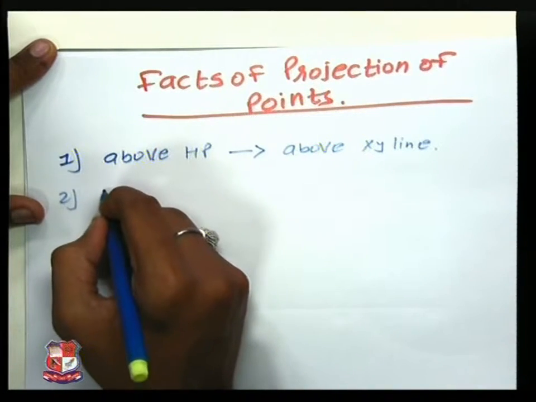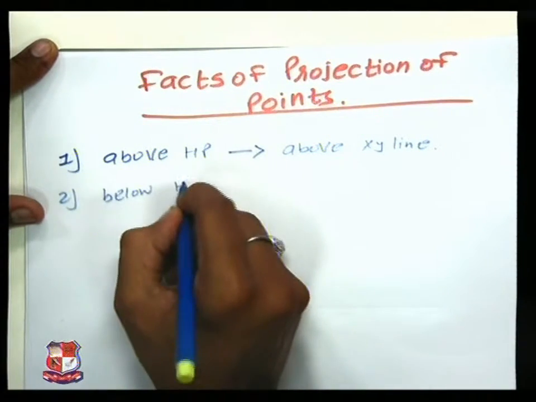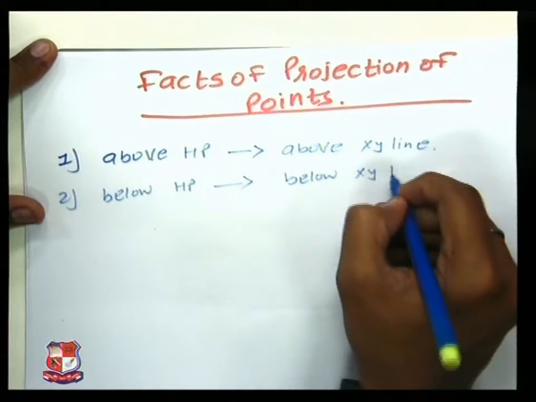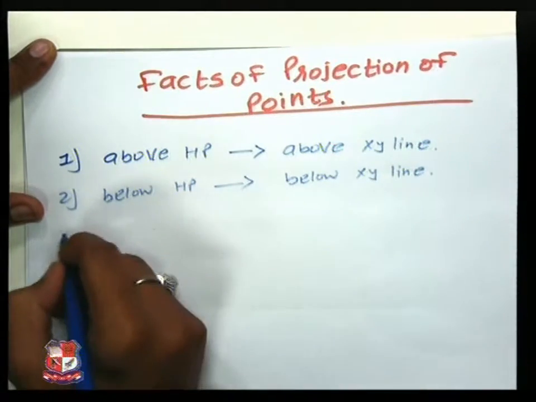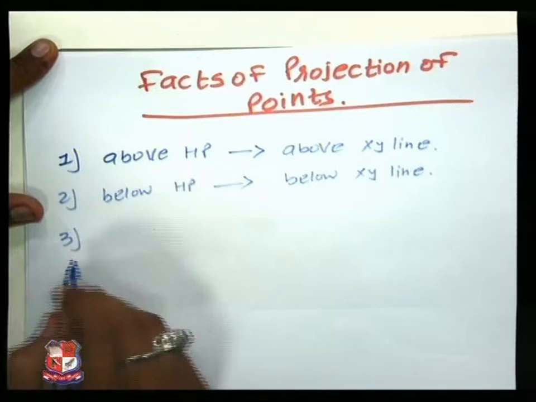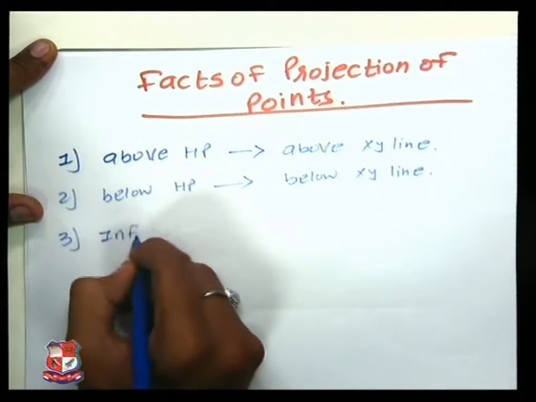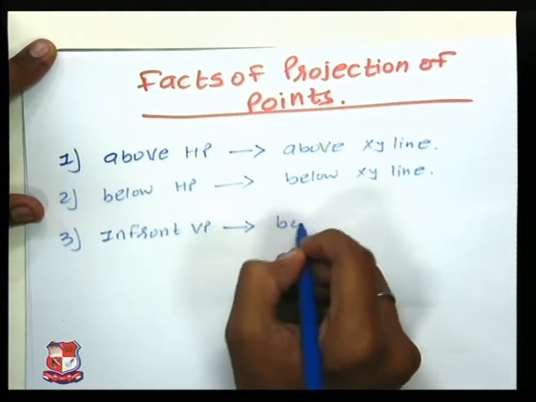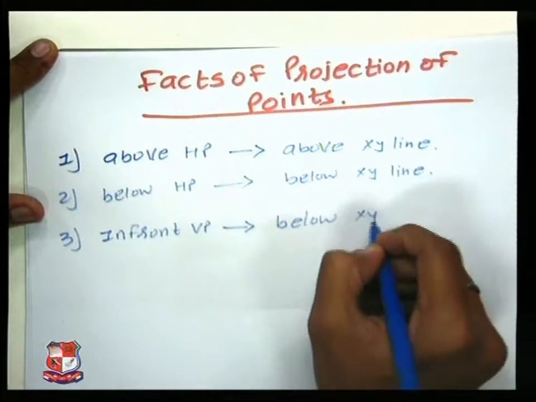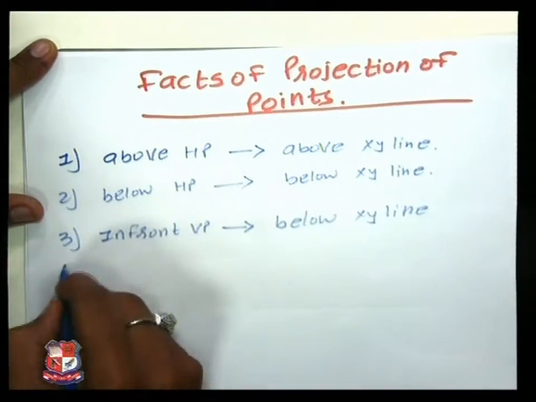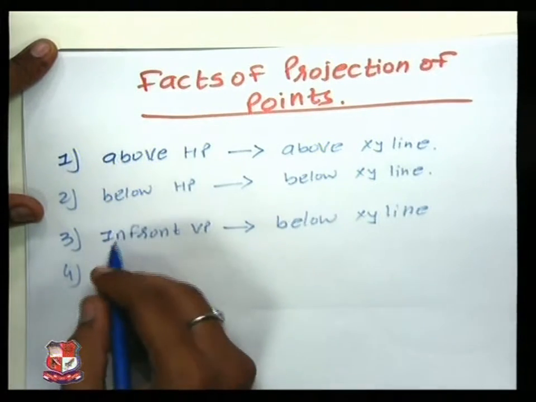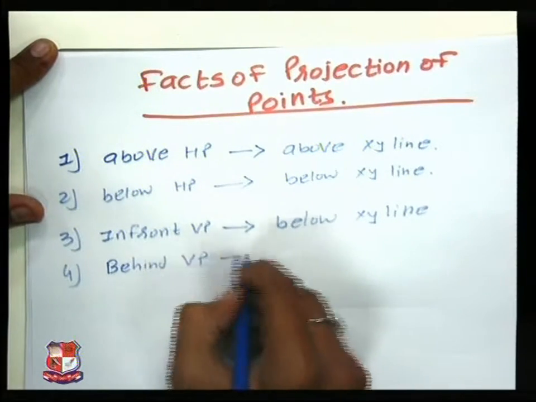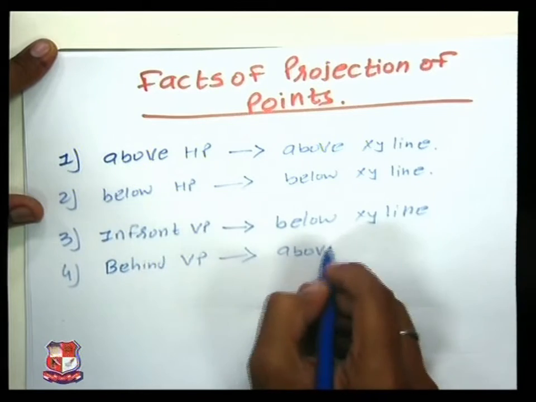When it says below HP, then it comes below the XY line. When it says in front of VP, then it is below the XY line. If it is behind VP, then it is above the XY line.